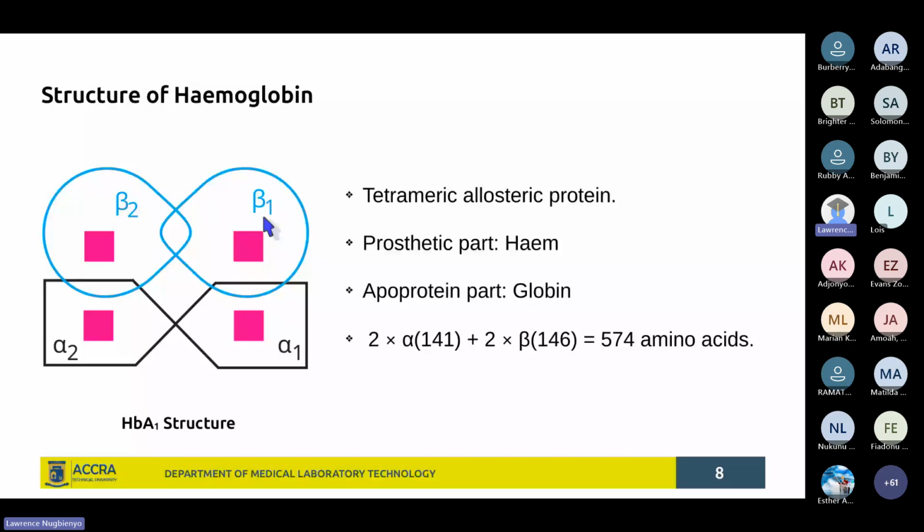Together, you have 4 subunits of proteins in the structure of hemoglobin. Because of that, you refer to the structure of hemoglobin as tetrameric. It's a tetrameric protein.